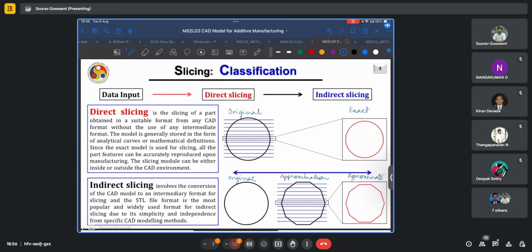Thus, it involves the conversion of the CAD model to an intermediary format, such as STL, which we already know is the most widely accepted and most popular. We also discussed its strengths in the previous week. And mostly it is used because of its simplicity and the independence from any specific CAD modeling methods.